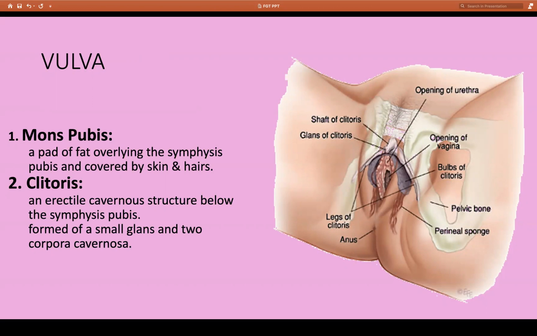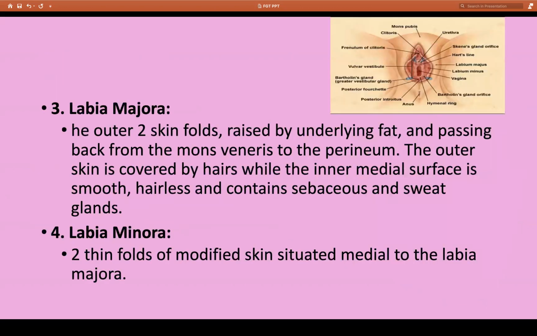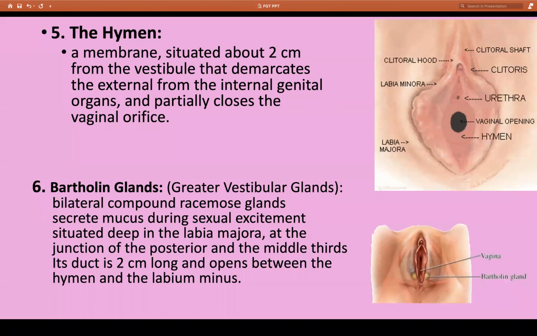Then clitoris, it's an erectile cavernous structure below symphysis pubis, with small glands and two corpora cavernosa. Then labia majora, outer two lips, they are covered with skin and hairs, and then labia minora, thin inner fold. Hymen is a membrane situated 2 centimeters from vestibule. It demarcates external and internal genital organs of the female.